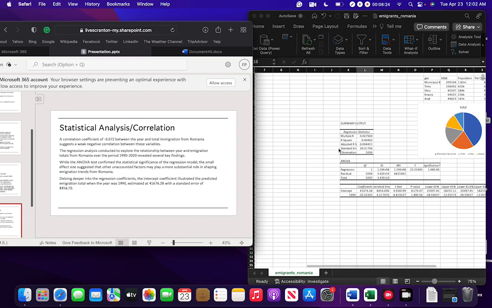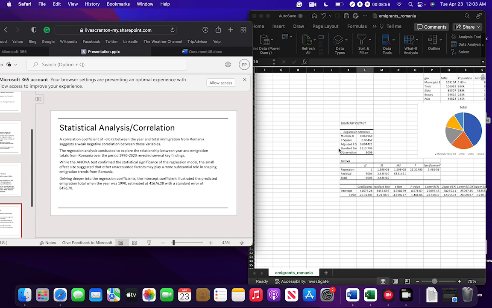And the regression analysis conducted to explore the relationship between year-end immigration totals from Romania over the period 1990 to 2020 revealed several key findings, despite a statistically significant result with a multiple R value of 0.06797, indicating a very weak positive correlation between the variables.